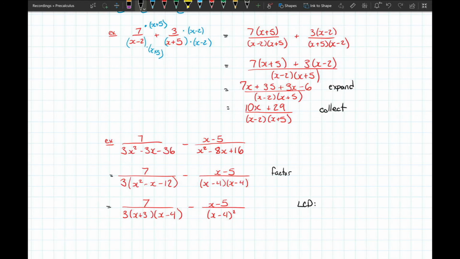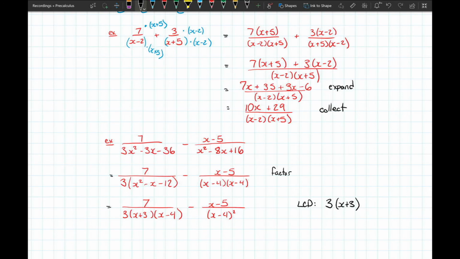The left-hand expression has a 3, the other one doesn't. It's going to need a 3. So when I say the maximum number, think about the maximum factors of 3 we need. It's 3. The x plus 3 factor, one of them has a single factor, the other one doesn't have any. The greatest number that we'll need here is x plus 3.